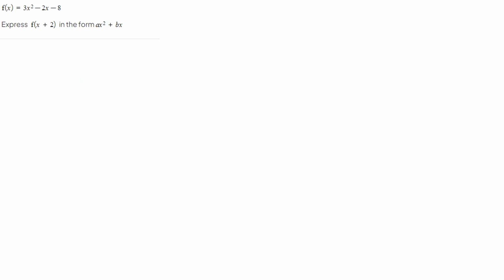This also works for algebra as well. So if we're told f of x is equal to 3x squared minus 2x minus 8, and we're told to express what f of x plus 2 is equal to, it's exactly the same thing. So we're told that f of x is equal to 3x squared minus 2x minus 8.